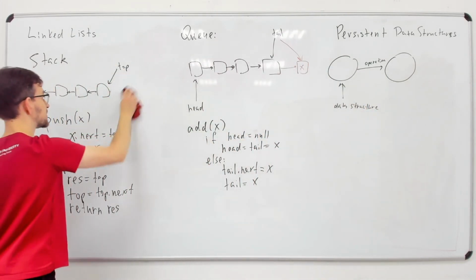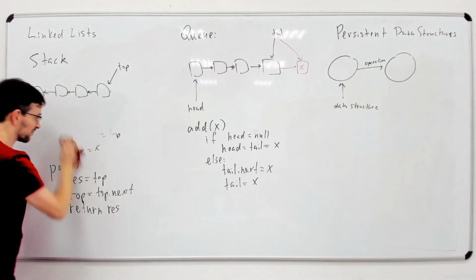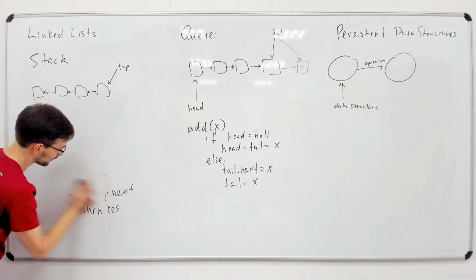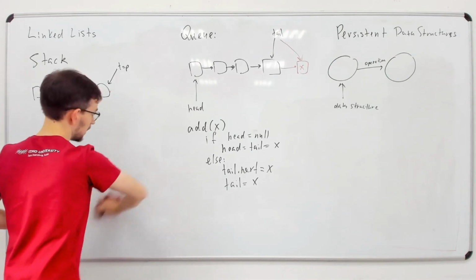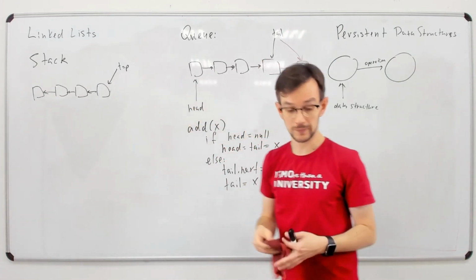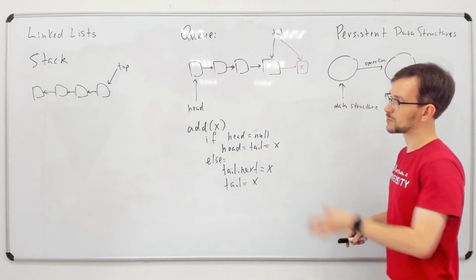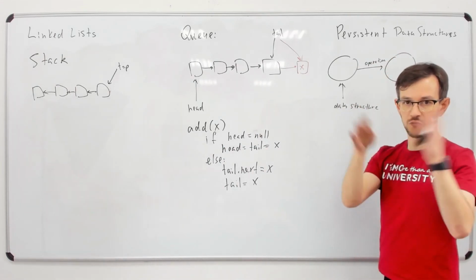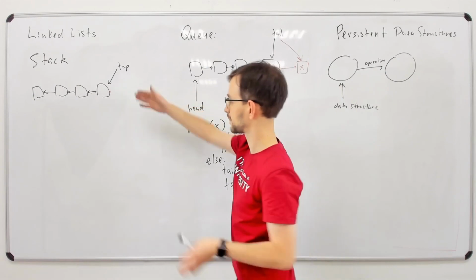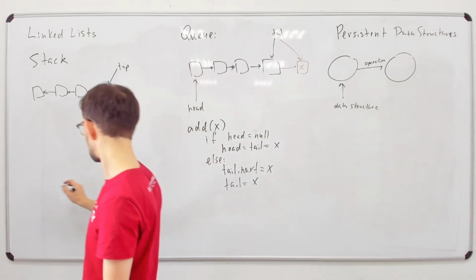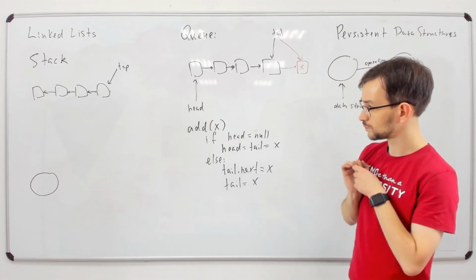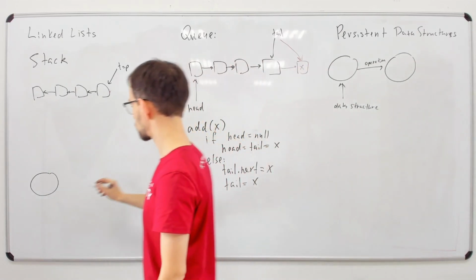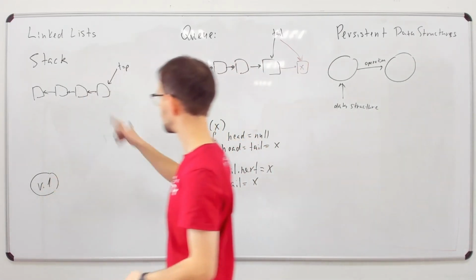So we have this stack, and we want to make it a persistent one. Now we have some state of the stack, like this. Let's say it's version 1.